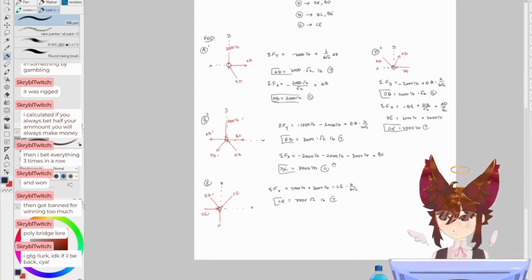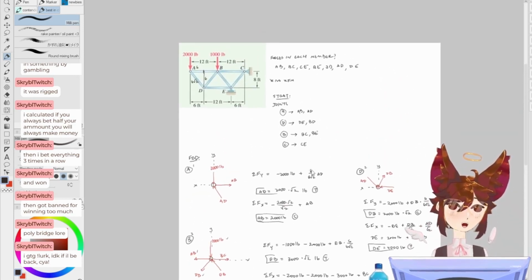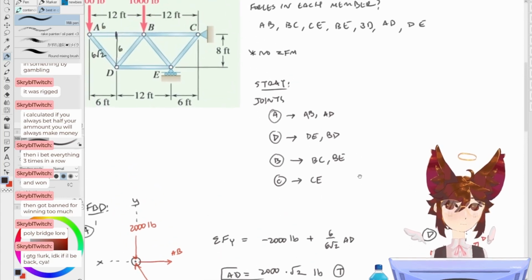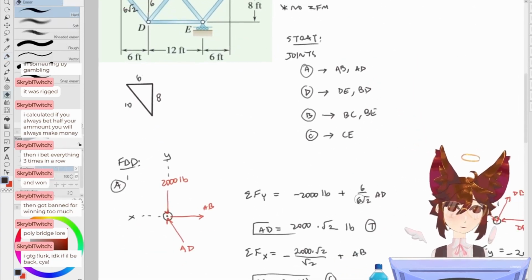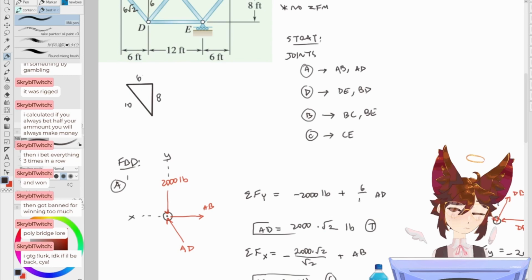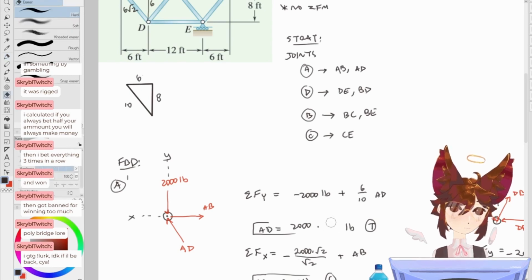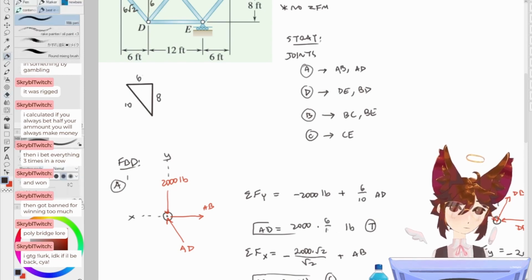Okay, if we change this, so it's a 6. The triangle that we're working with is this. 6, 8 is a 10. So it's 6, 8, 10. 3, 4, 5. So this is not 6 over this. This is 6 over 10.